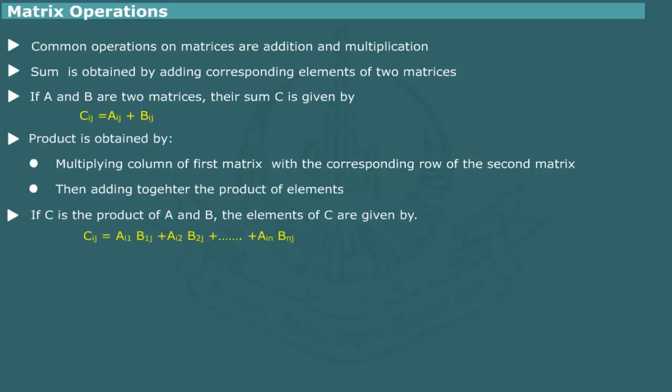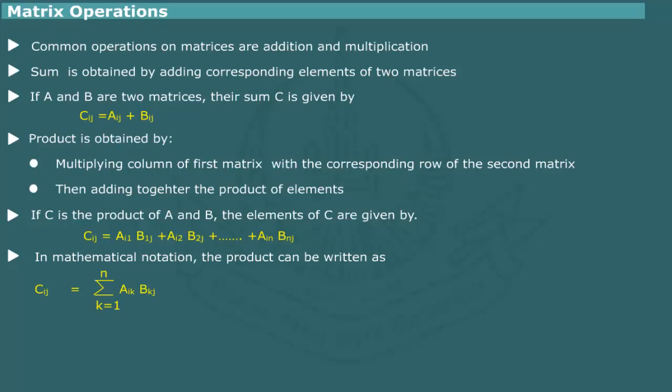If C is the product of matrices A and B, the elements of C are given, assuming that both A and B are n by n matrices. In mathematical notation, the expression can be simply written as shown, where i and j vary from 1 to n. The symbol sigma represents the sum over the index k, which varies from 1 to n.